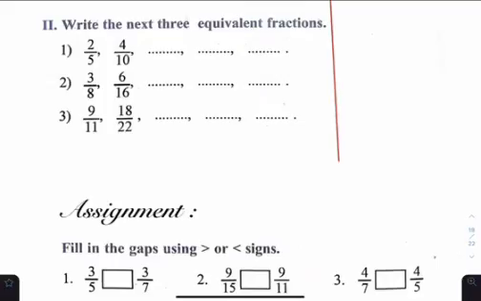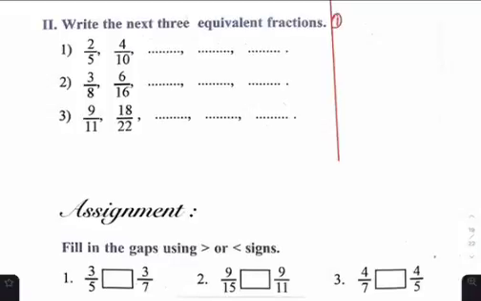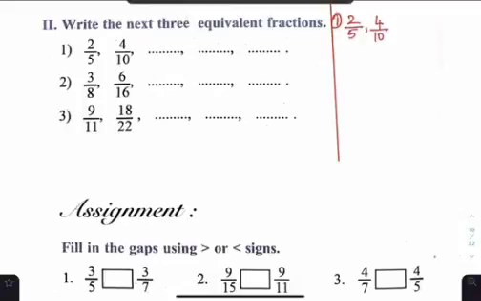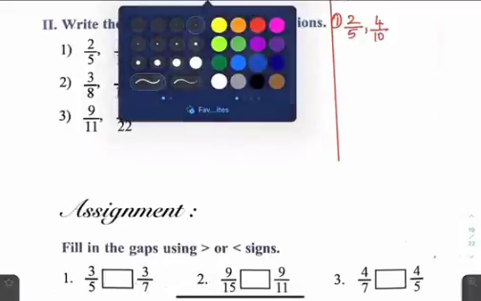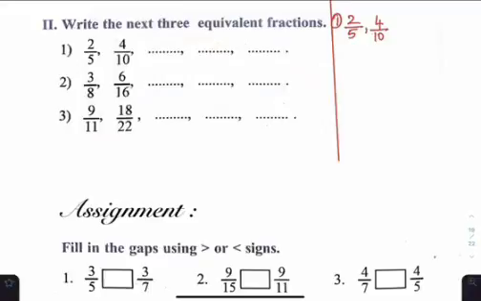Now moving on to the next problem. This set of equivalent fractions we need to find out. First one being 2 by 5 and the second one being 4 by 10. This 4 by 10 is got by, okay, we'll write it in that manner so that it is easily understood.